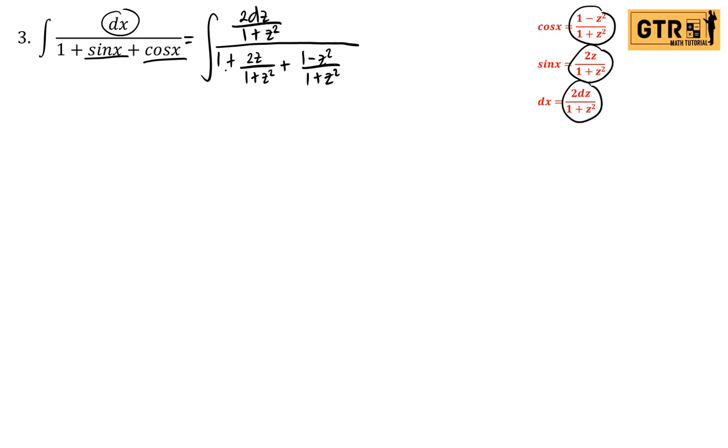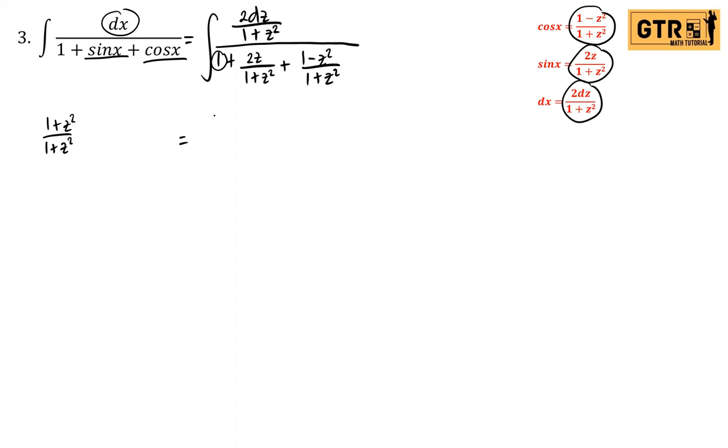So we simplify this, or we both have 1 plus z squared as our denominator. So we can express the 1 here as 1 plus z squared over 1 plus z squared. Okay? Since our two fractions have 1 plus z squared as denominator, just combine the numerator. 1 plus z squared plus 2z plus 1 minus z squared.